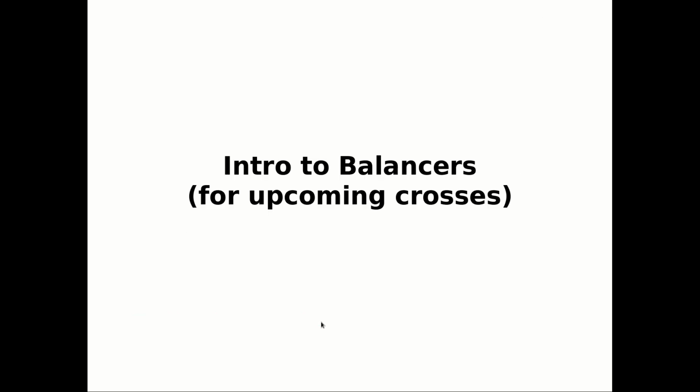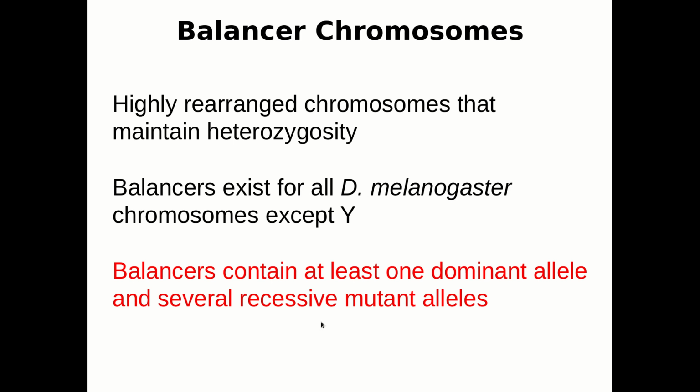All right, so now we're going to talk about balancers. I will give you additional links to videos that help you with balancers. They are chromosomes that maintain heterozygosity. Balancers exist for all fly chromosomes except Y. Explaining why Y doesn't explains how they work actually, and maybe I'll make my own video explaining that.